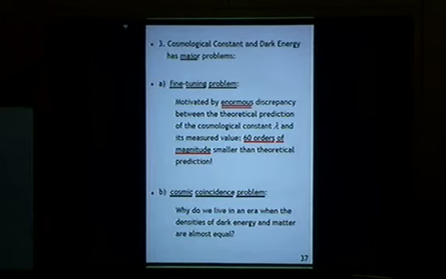There's one, it's called the fine-tuning problem, and that's motivated by the enormous discrepancy between the theoretical prediction of the cosmological constant lambda and its measured value. 60 orders of magnitude smaller than the theoretical prediction. So it's 10 to the minus 60. That's an unbelievably small number.